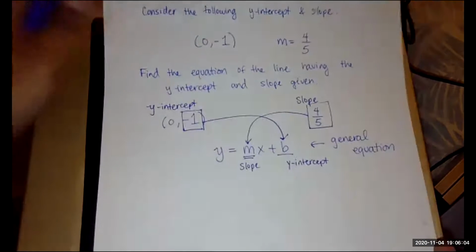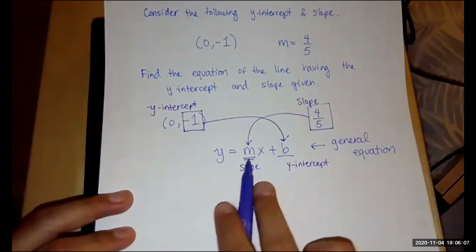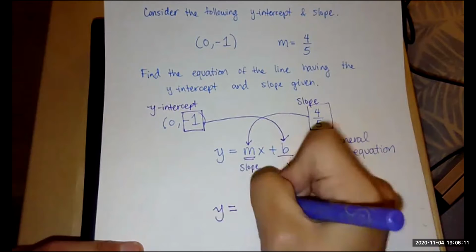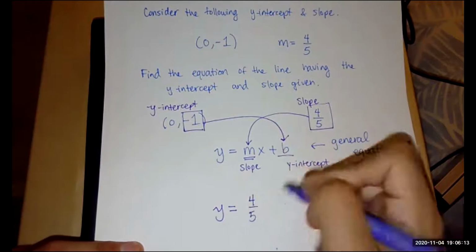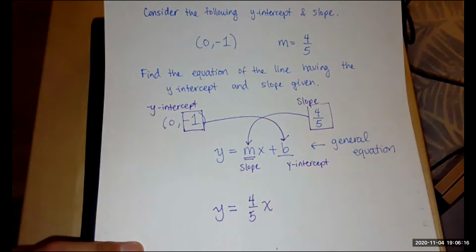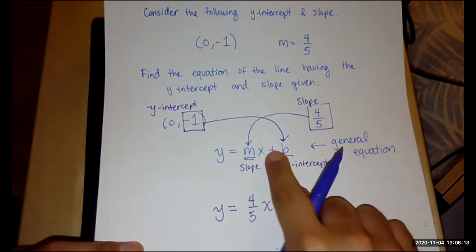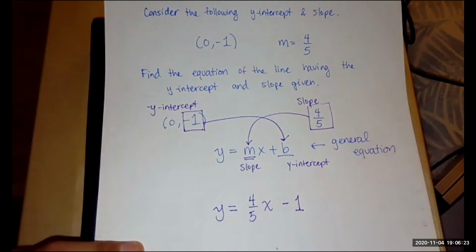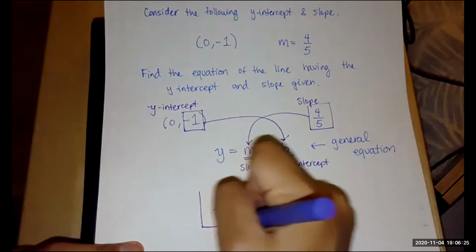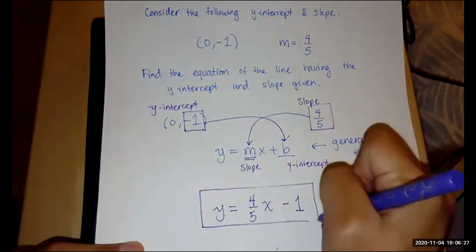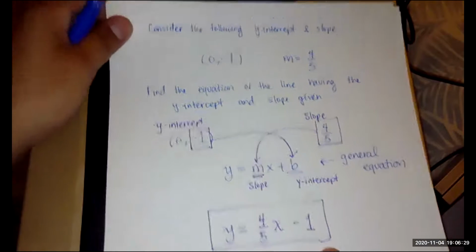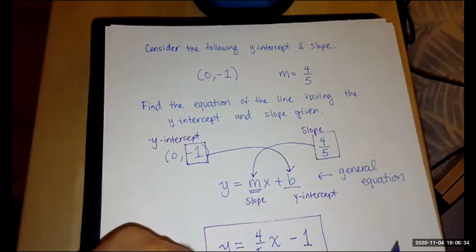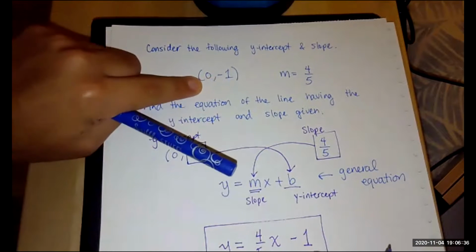So all they're asking you to do in this problem is to plug these values in for m and b. So your answer will be y equals 4/5 x, and then it's plus b, but since it's a -1, we're just going to put -1. And that's the answer. This is the equation that has 4/5 as the slope and -1 as the y-intercept.